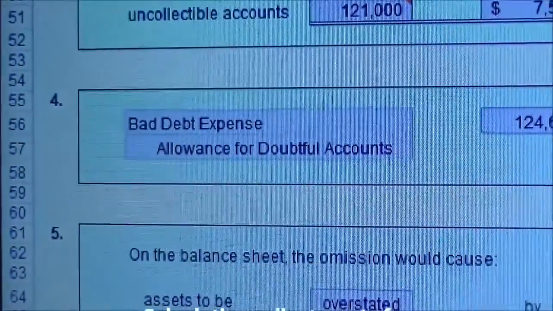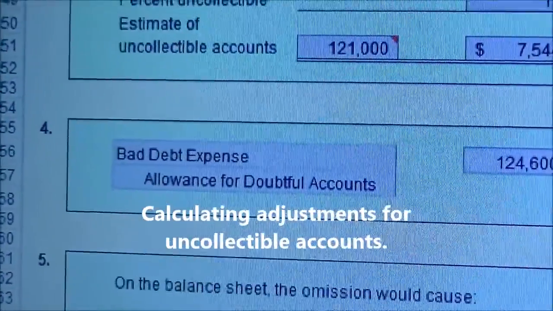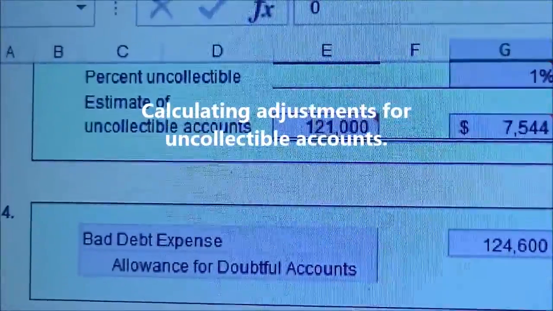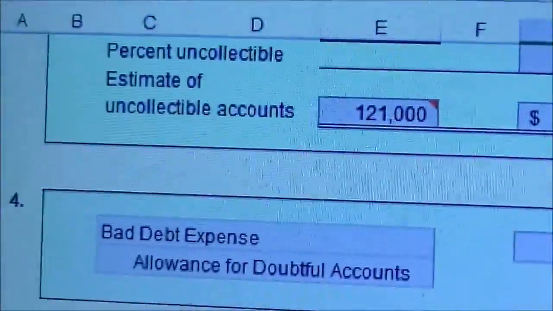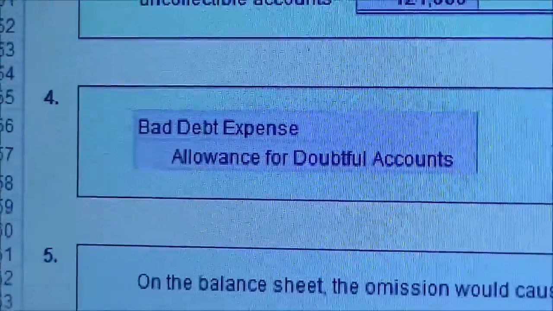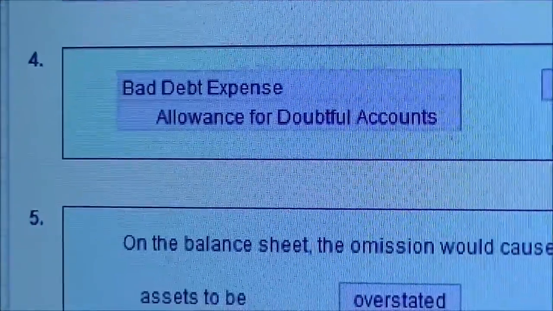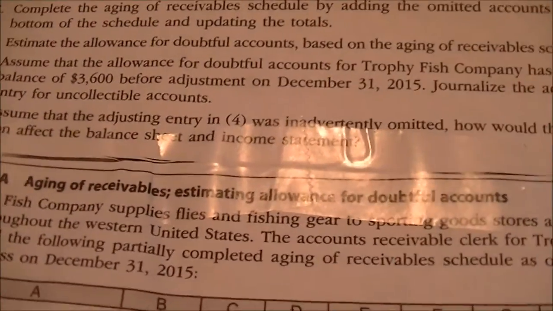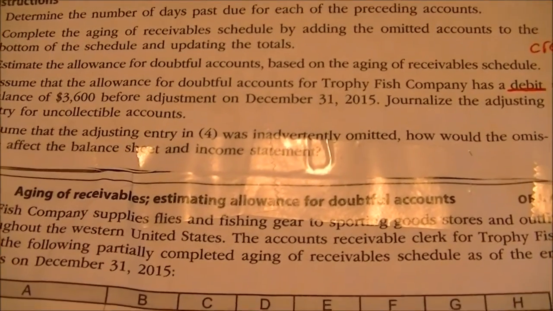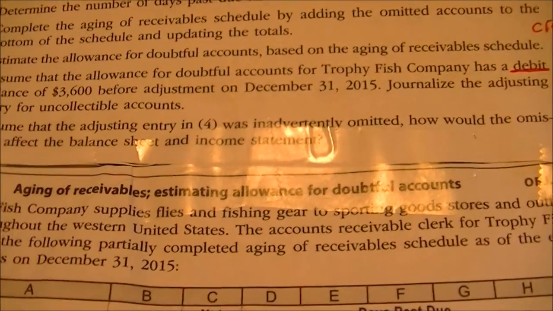Okay, back in our demonstration, we were able to come up with an uncollectible account of 121,000. We're going to use that number to figure out our bad debt expense, allowance for doubtful accounts. We're going to have to go back to our paper here, or your paper, and look up where it says something with a before adjustment.